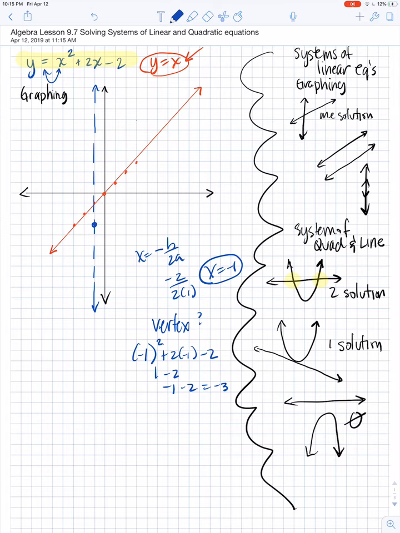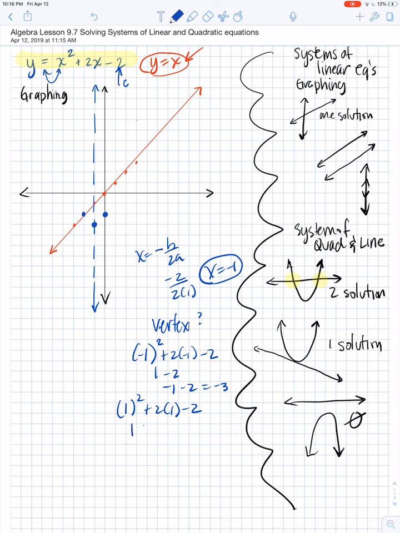The next thing I can easily see from this function is that c is my y-intercept. So my y-intercept is negative 2, and parabolas are symmetrical across the axis of symmetry. So I can reflect that point on the other side of the axis of symmetry, and that's a fairly easy thing for me to do. It would be beneficial for us to find one more point. So I'm wondering now, if I plug in a positive 1 into the function, 1 squared plus 2 times 1 minus 2, I'm really curious to figure out what my y value is.